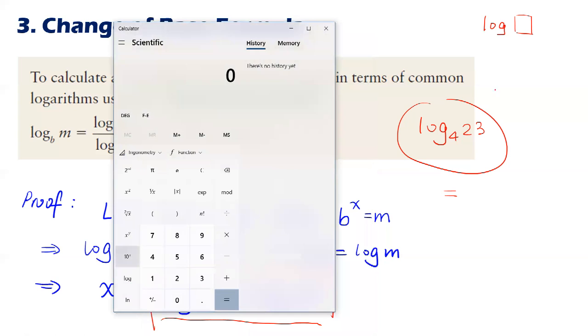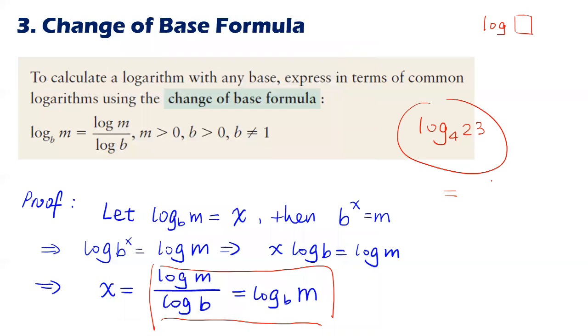So if you want to find log base 4 of 23, we cannot directly evaluate this using a calculator like this, right? So we can use the change of base formula. This is actually log base 10 of 23 over log base 10 of 4, right?